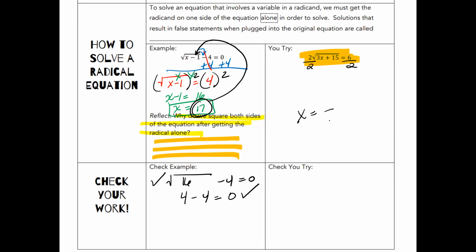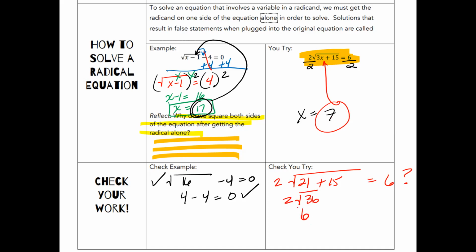Your answer for the try was a 7. So if I check this, I take that 7 and plug it in where the x is. So I have 2 square root, 3 times 7 is 21, plus 15. Does that equal 6? I'm just going to put a question mark because I really don't know. Well, 21 plus 15 is the square root of 36.